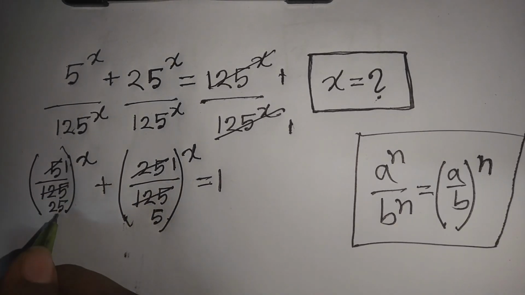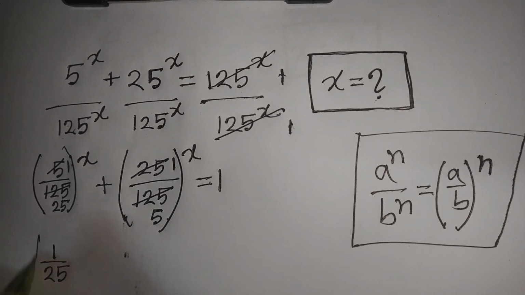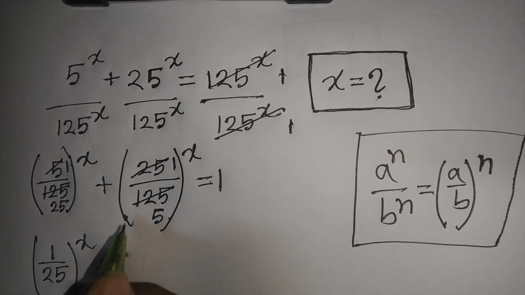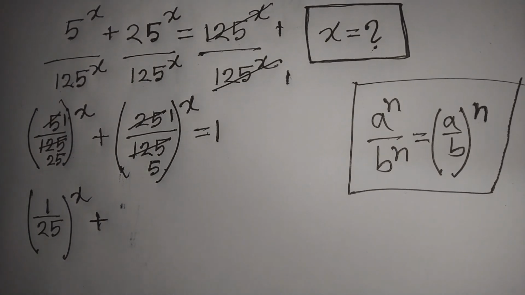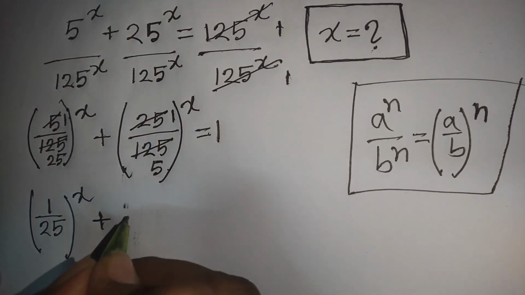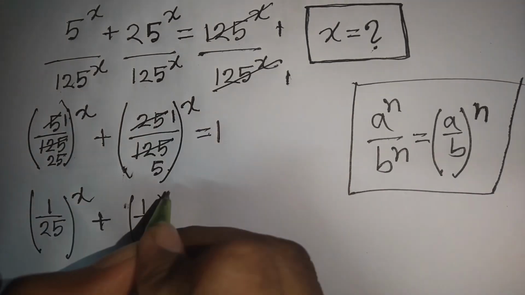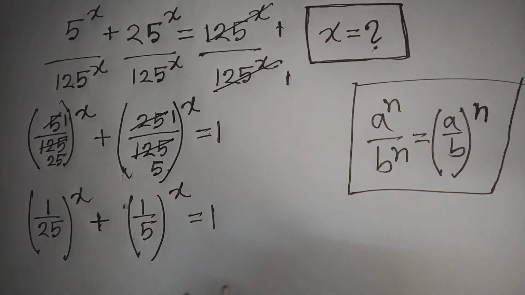Now we have 1 over 25 then bracket power of x plus 1 over 5 bracket power of x is equal to 1.